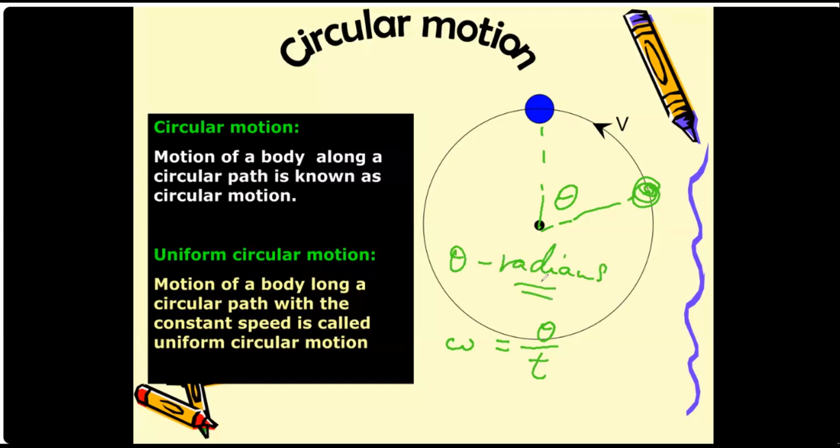Radians is a different way of measuring angles. I'll explain a little bit about radians in just a moment. So the angular velocity, omega, is equal to theta over time, where theta is the angle swept out, and the angle is measured in radians.